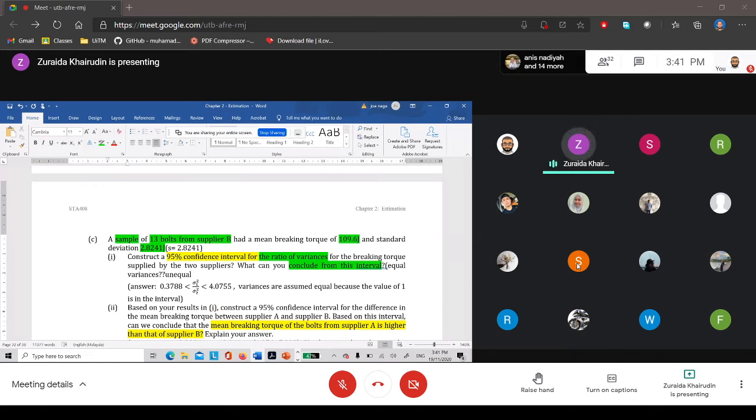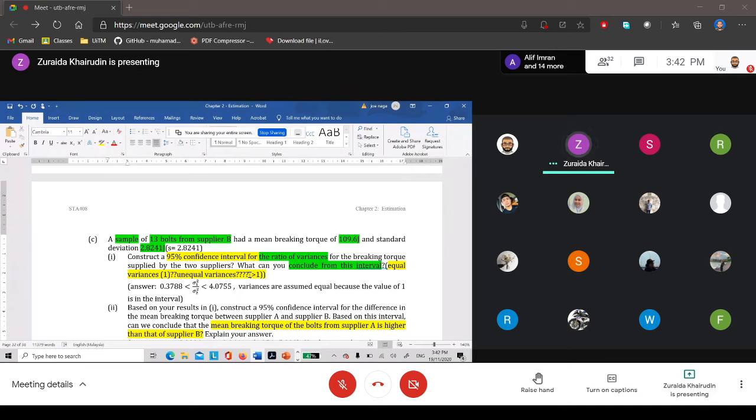Is it equal variances or unequal variances? Okay, so I put here question mark. How do I know whether it is equal variances? If equal variances, there must be 1 in your interval. If unequal variances, the value of your interval must be greater than 1.